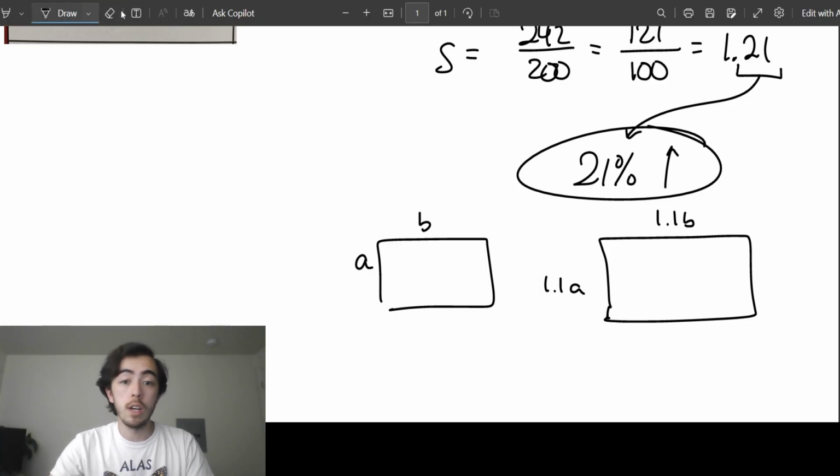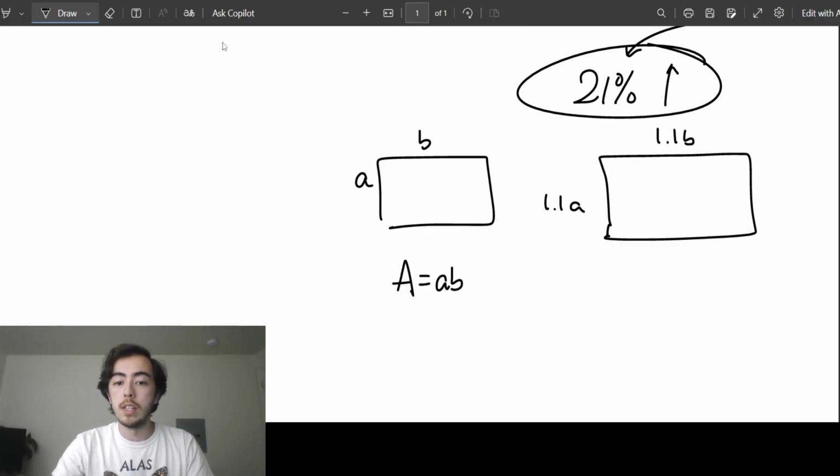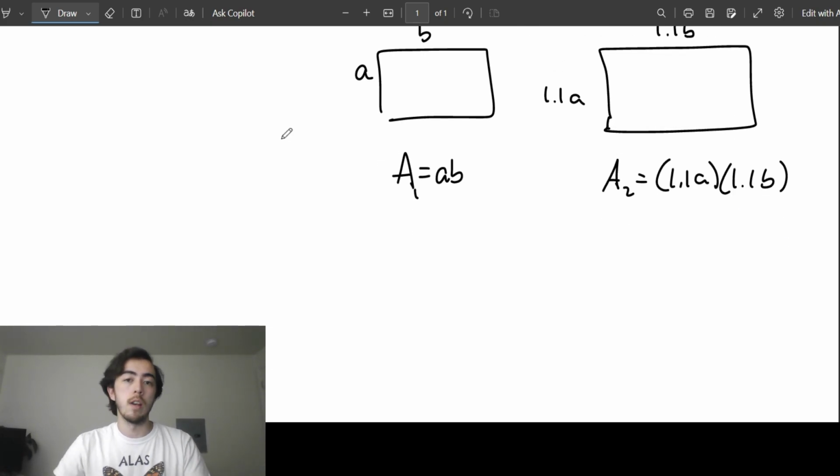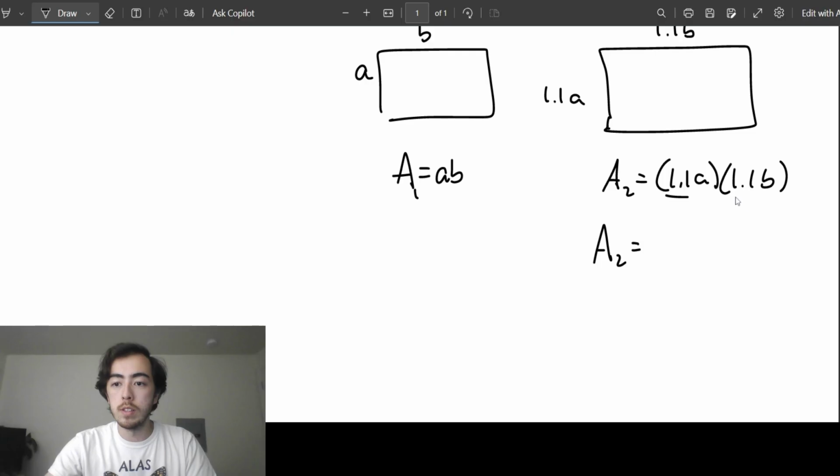And so the area of the original rectangle is just A times B, and then the area of the new rectangle is, multiplying the two dimensions together. And here, knowing that multiplication is commutative, we can do it in any order that we want. I'll just multiply the 1.1s together.